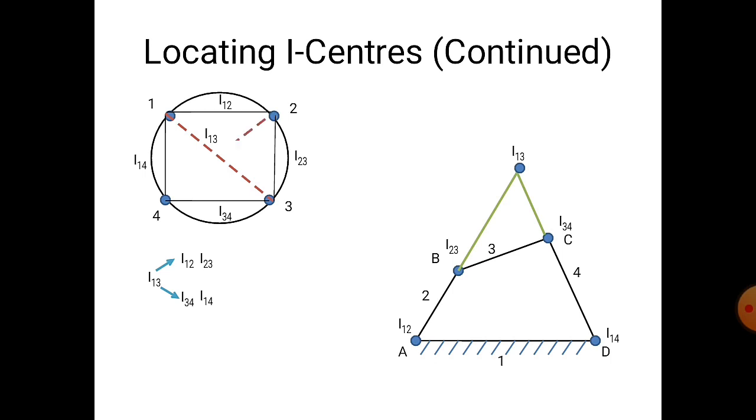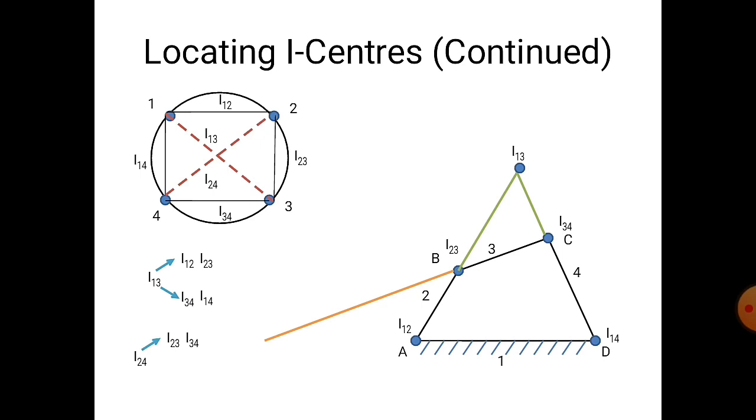So join points 2 and 4 by a dotted line. So I24 is lying on the same straight line passing through the eye centers I23 and I34. So join points I23, I34 and extend them as shown.